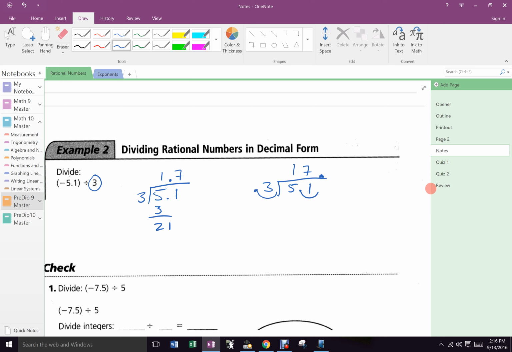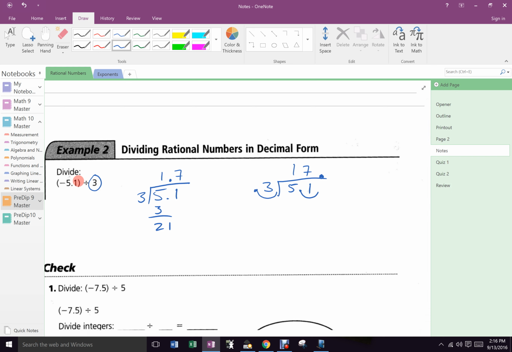Now, there is a way. Remember how I always say before you attempt anything, you should have an idea of where you're going? 5.1 divided by 3. Isn't that close to 6? And isn't 6 divided by 3 2? So shouldn't my answer be somewhere around 2? Yes, it is closer to 5, Josiah. I absolutely agree with you, 110%.